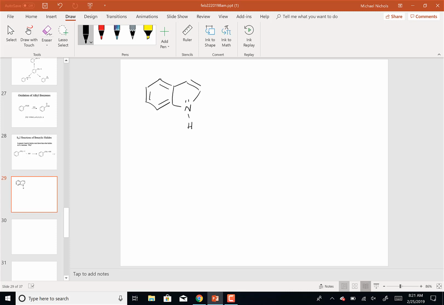So here's a molecule. Is this one aromatic, non-aromatic, or anti-aromatic?